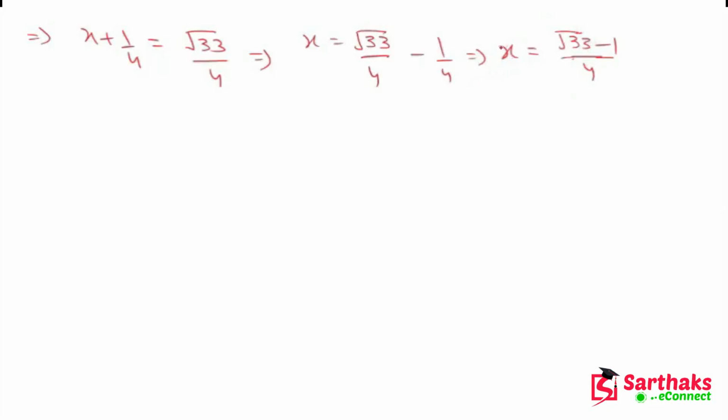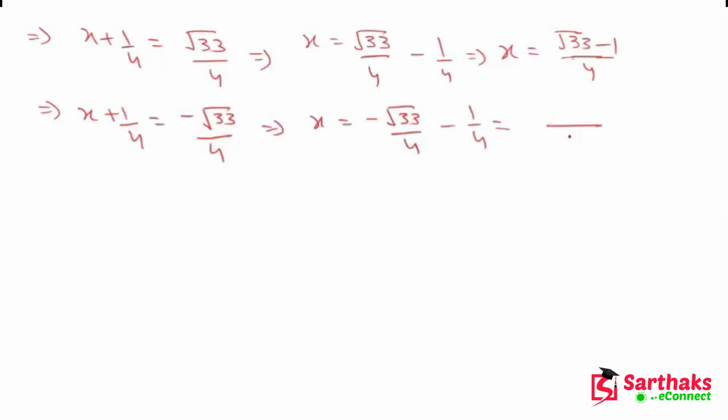Okay, my dear friends. Now if we take the negative part, x plus 1 upon 4 is equals to minus root 33 divided by 4. Then we get x is equals to minus root 33 divided by 4 minus 1 upon 4.